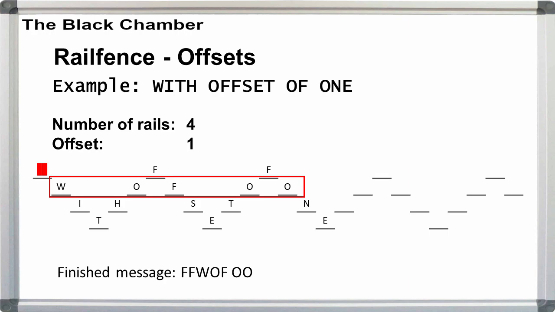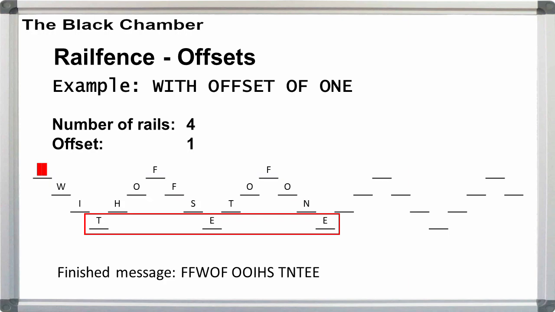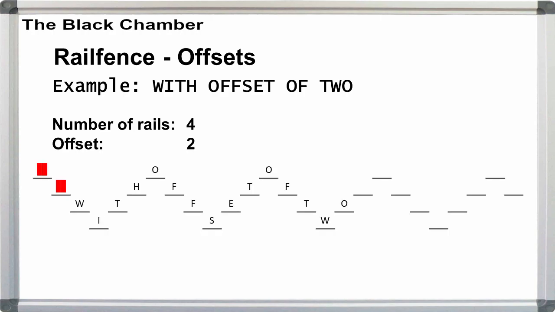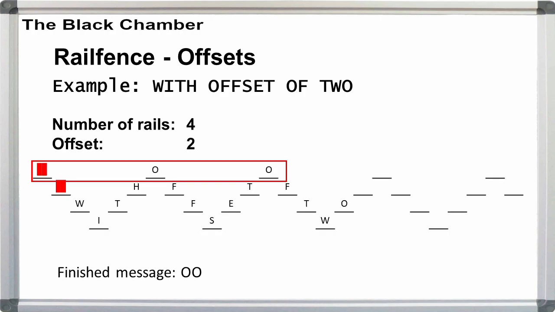For an offset of 2, with the message with offset of 2, we get this.